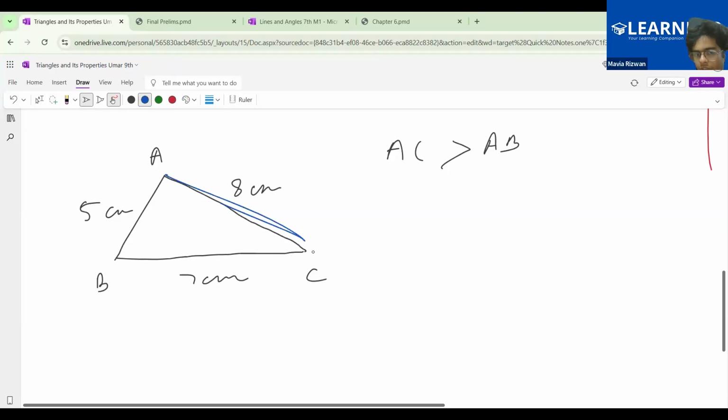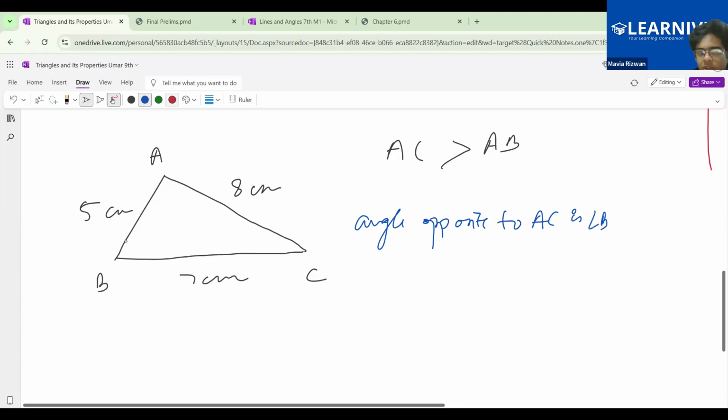Opposite means which is in front of it. I can see it is in front of it. This angle is there, right? Yes, angle ABC. Okay, so the angle opposite to AC is angle B. I'll write it only as angle B for now.